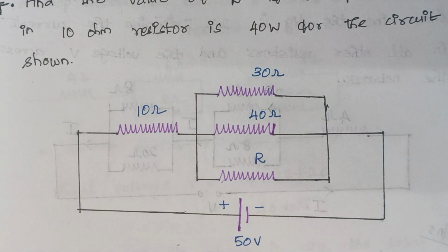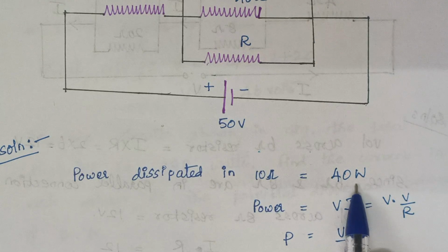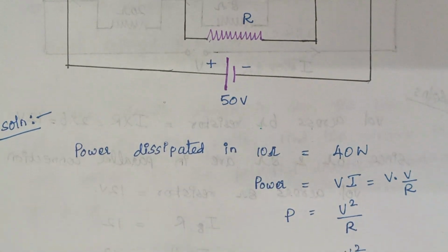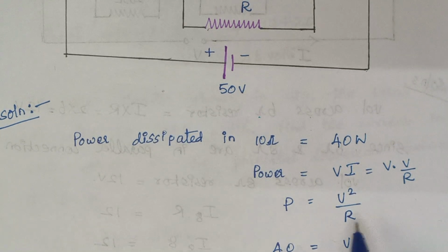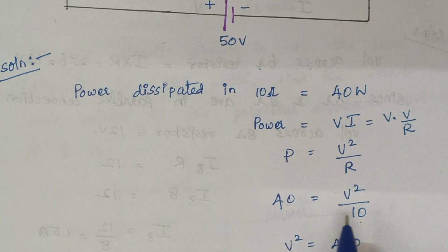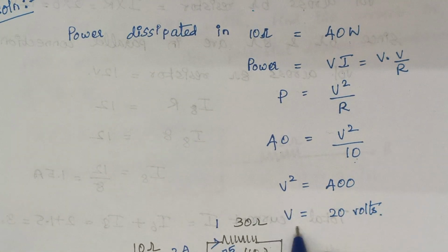Power is given by V into I, and I is replaced by V by R. Therefore it is V square by R here. So P is equal to V square by R. We know the value of power, we know the value of R. So just substitute it here and we can calculate the value of voltage. So the value of voltage is 20 volts here.